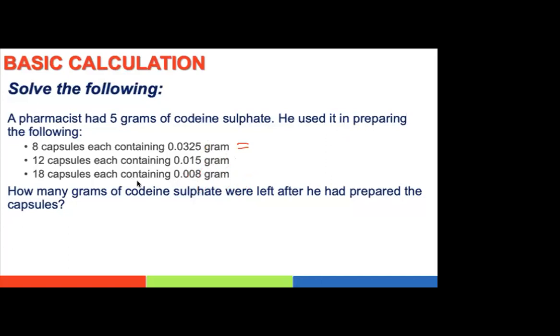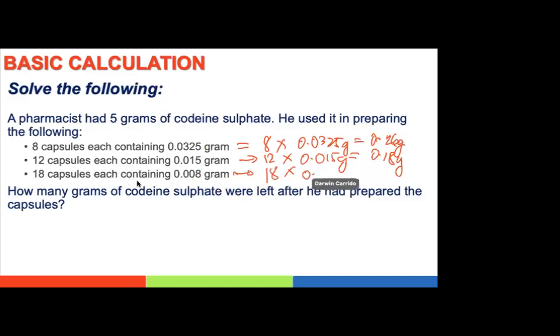Okay, you multiply 8 by 0.0325. What's the answer? 0.26 gram. How about 12 multiplied by 0.015 gram? 0.18 grams, correct? And then, how about 18 times 0.008 gram?